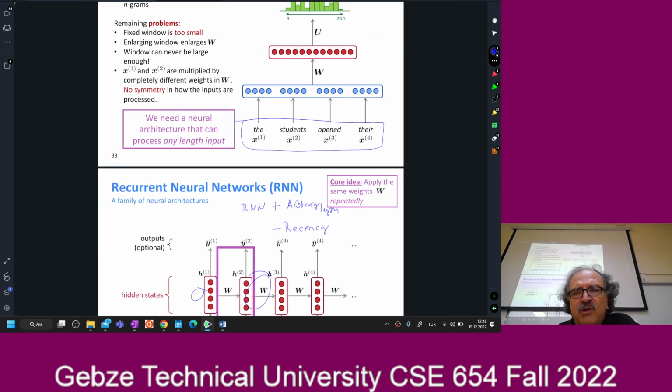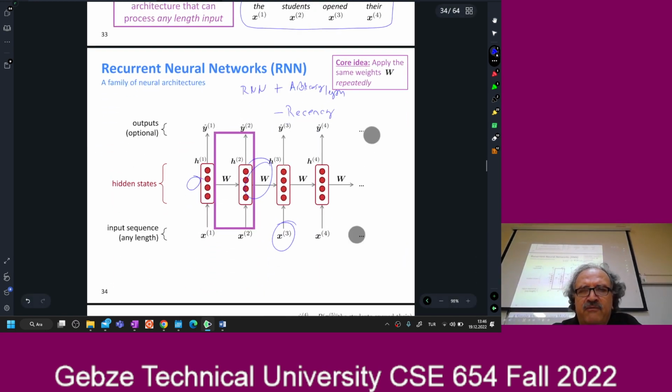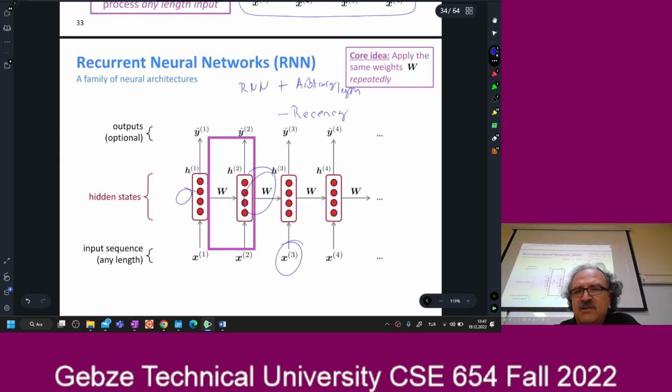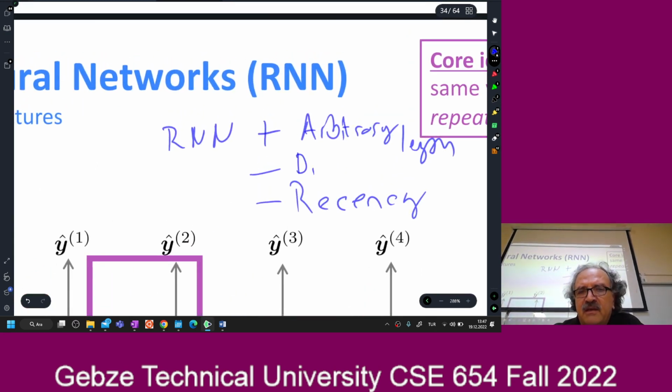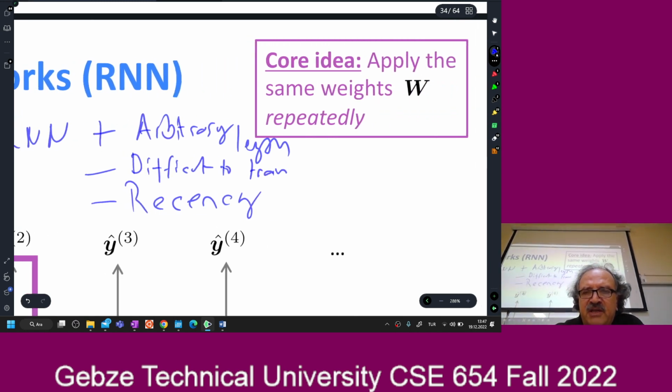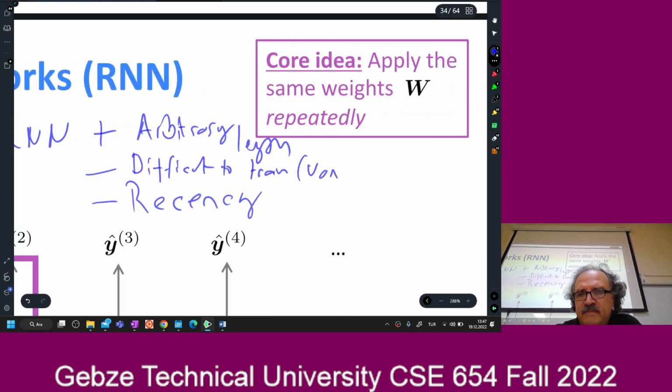But before coming to that, there is another serious problem with the recurrent neural network as I describe it here. It is about training. It is difficult to train because of the vanishing gradients. It is also hard to parallelize.